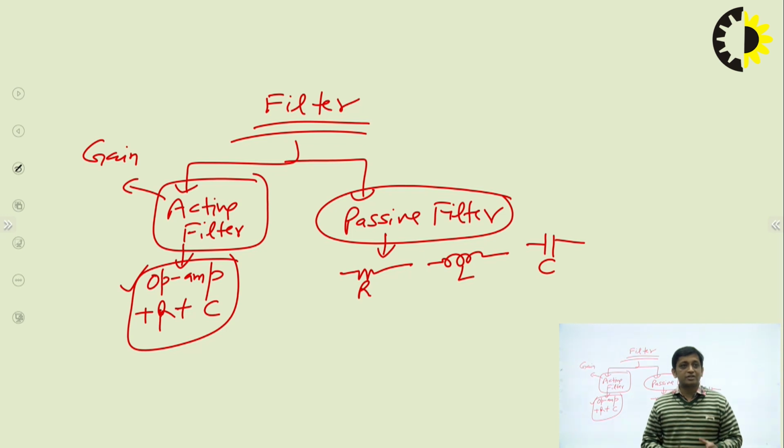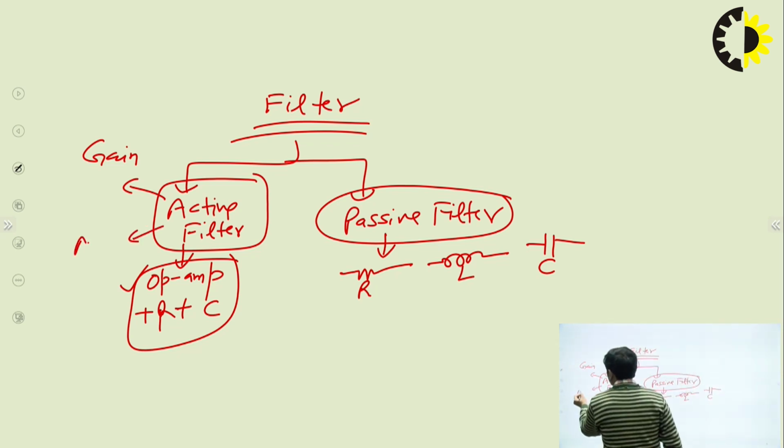So this is the first advantage of active filter over passive filter. Active filters provide gain, while passive filter does not provide gain. In fact, in passive filters, the signal gets attenuated. And another advantage of active filter is there is no loading problem.